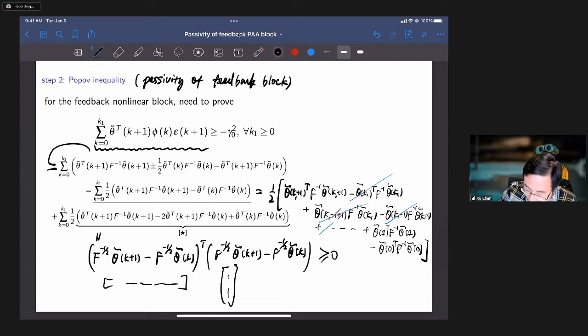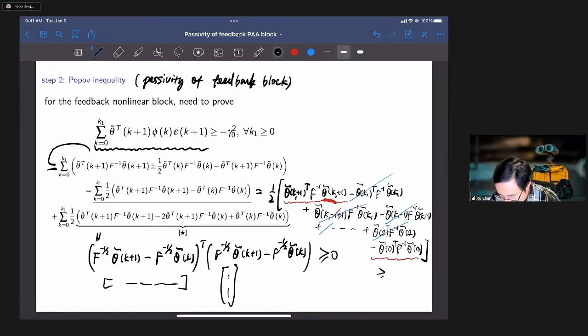And everything will cancel out up to here. The only things that are going to remain are this term and this term. So it is a big summation, but in the end, it's actually just two terms.